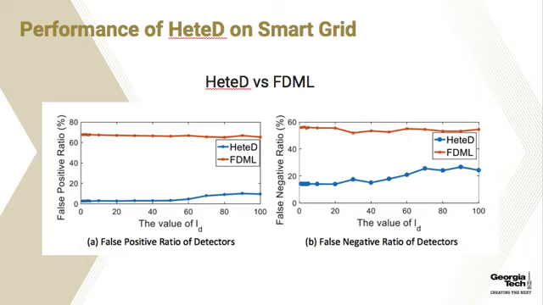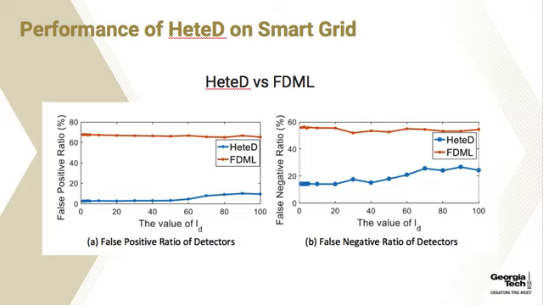So 49,000 attack samples and 49,000 normal samples are used as training examples, and the extra 1,000 samples are used for testing samples. In the graphs, we can see that the false positive ratio for Hatid is lower than FDML.